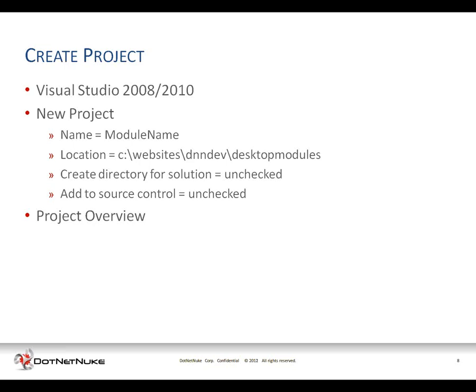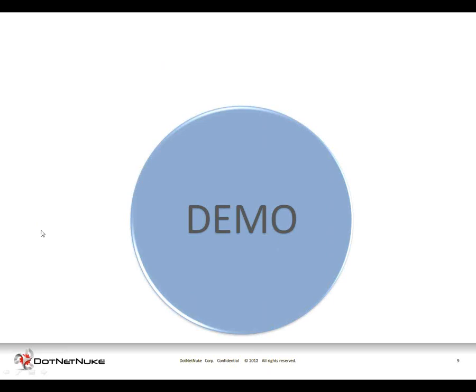Visual Studio will create a folder underneath of Desktop Modules based on the name of the project, or the module name that we provide. Now, also in Visual Studio, we're going to make sure that the Create Directory for Solution option is unchecked, and we're going to not add the project to source control to begin with. And then we'll go ahead and provide you an overview of the project itself. So let me go ahead and switch over to load up Visual Studio here.